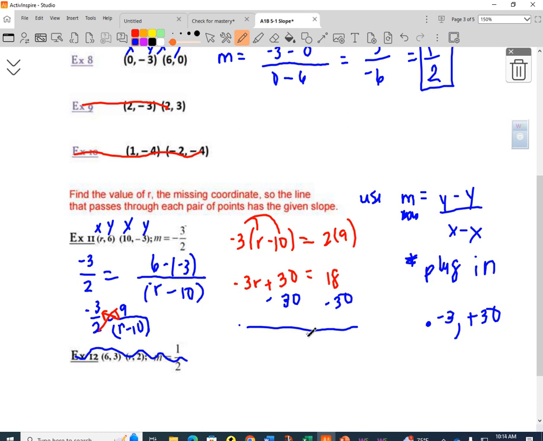And that's negative 3r equals, divide by negative 3, and r equals positive 4. Any questions? All right, question number 15, so one less problem to do.